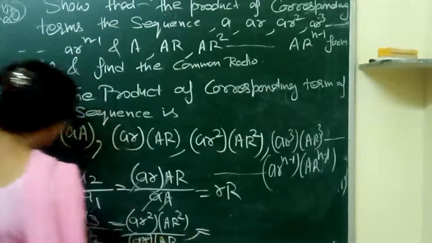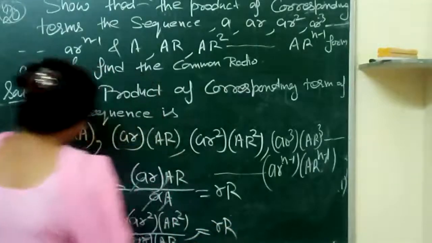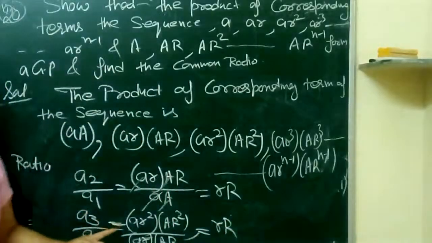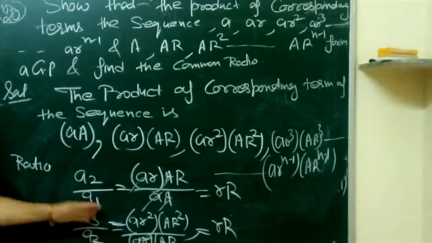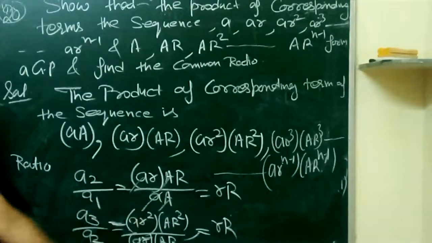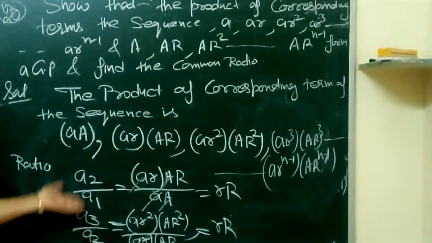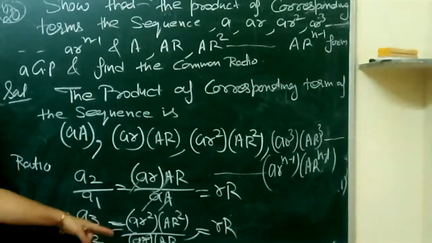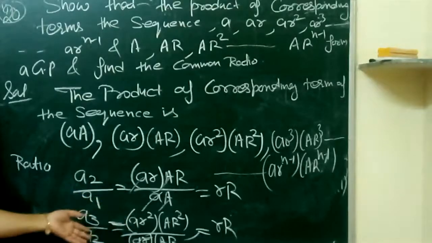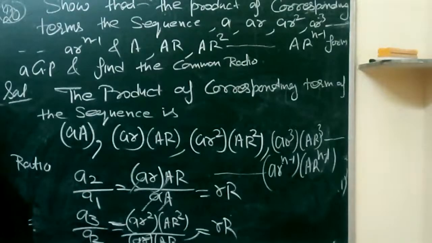After cancelling A, it is coming here r into R. Similarly, when you divide A4 upon A3, it will come r into R. Similarly, we can divide the next terms, we will get r into R. So we can say that the ratio is the same, the ratio is small r into capital R, therefore it is a GP. Now we will move to question number 21.